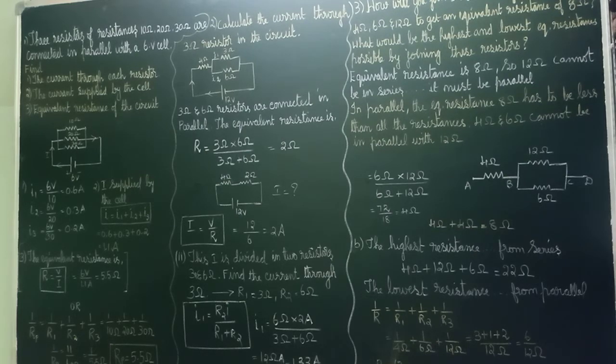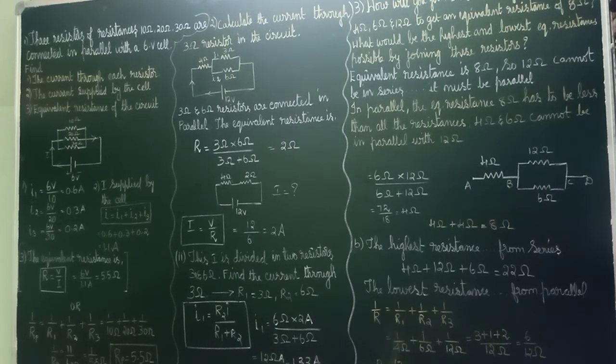Now the third one. How will you join 3 resistors of resistances 4 ohms, 6 ohms and 12 ohms to get an equivalent resistance of 8 ohms? So we should get the equivalent resistance as 8 ohms. This you keep in mind. They have given 3 resistors.